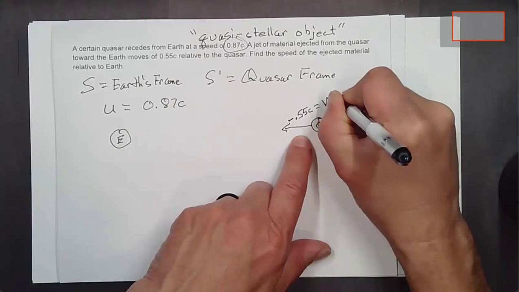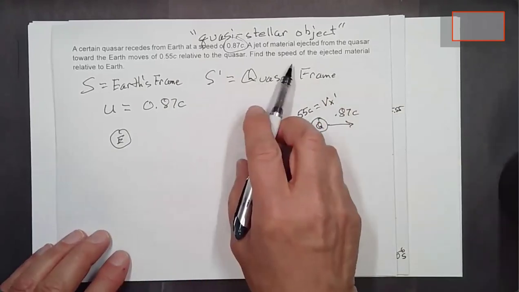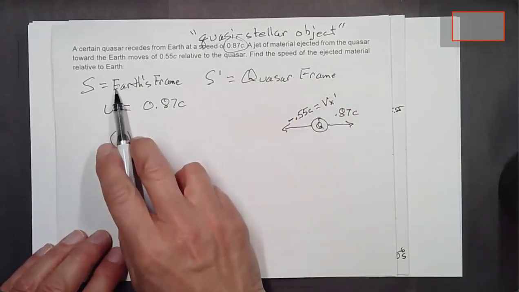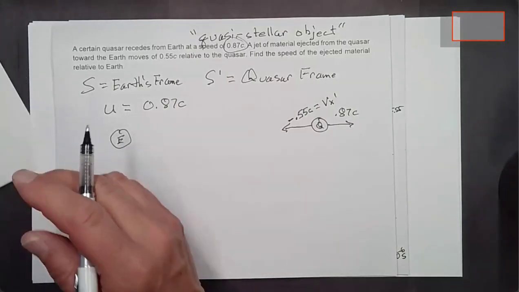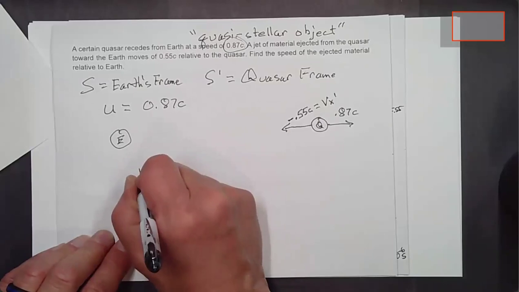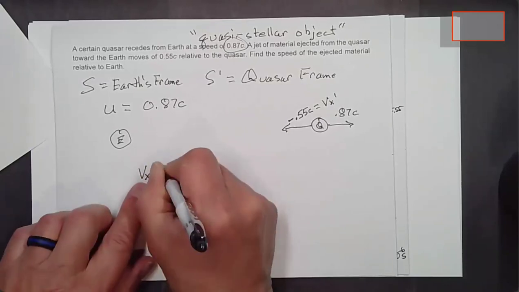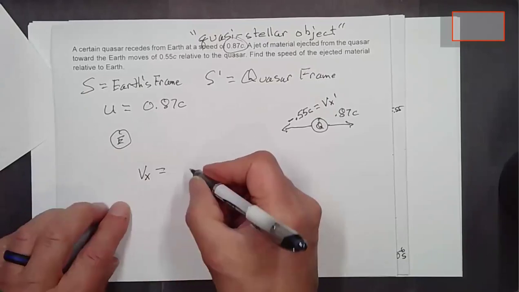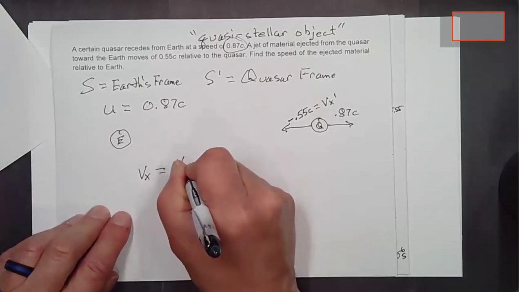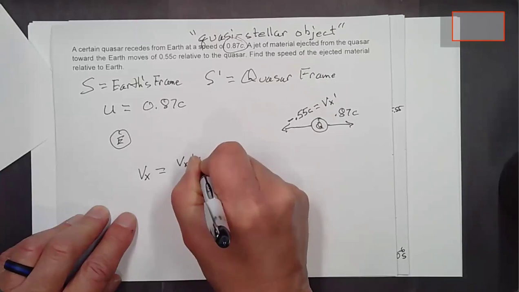So that's v sub x prime. And we want to know the speed of that ejected material relative to the Earth. Well, here's the deal. We want to know v sub x. That would be the speed relative to the unprimed system. And it usually looks like v sub x prime plus u.